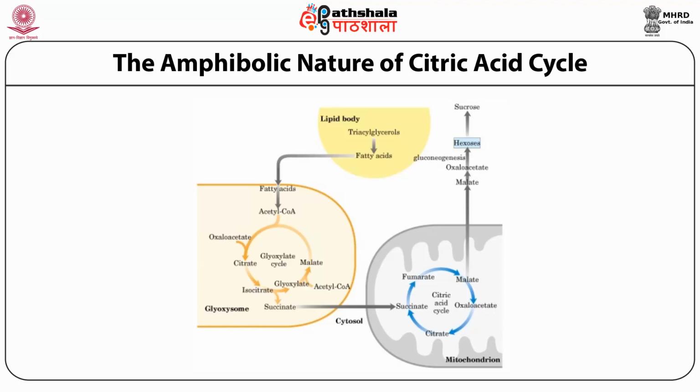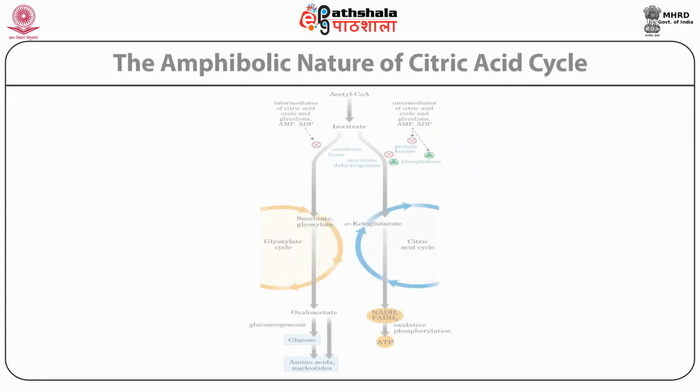Thus, the citric acid cycle also simultaneously operates. Here, the malate, when released from the mitochondrial matrix, is converted to oxaloacetate, and by the process of gluconeogenesis, it produces hexoses and sucrose.